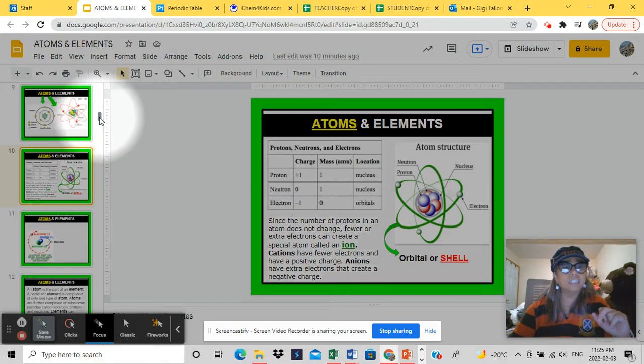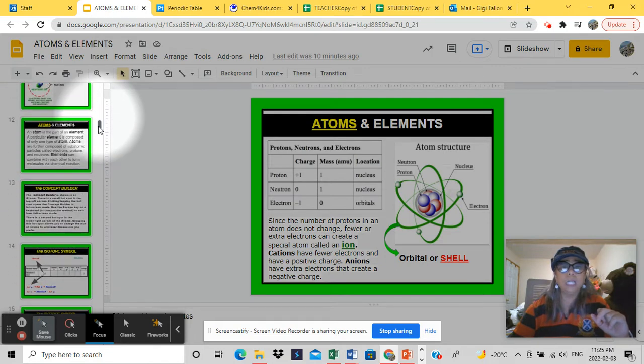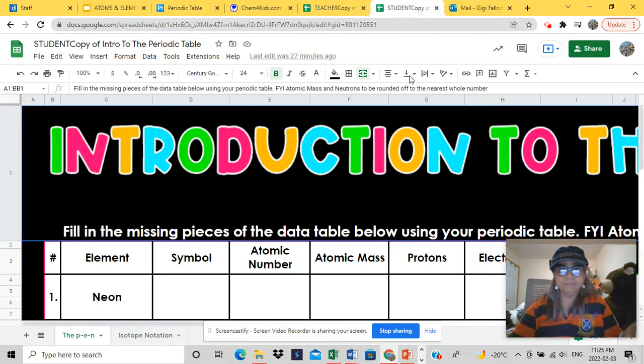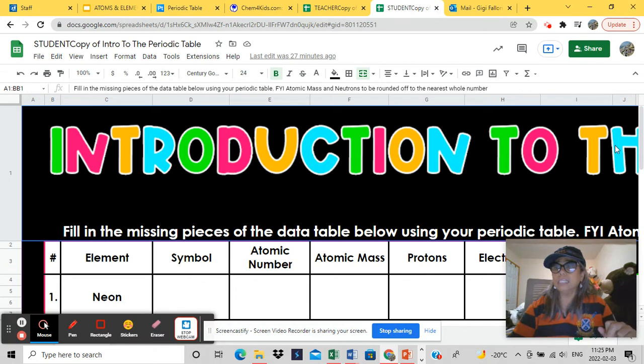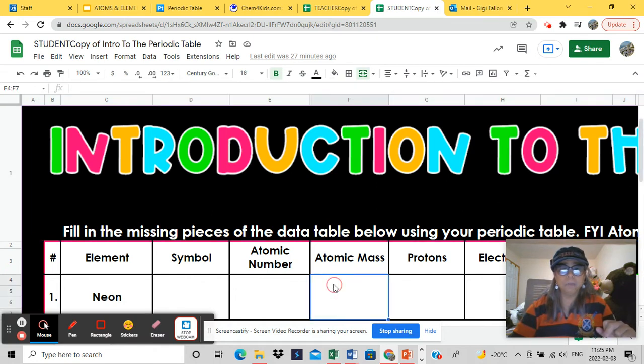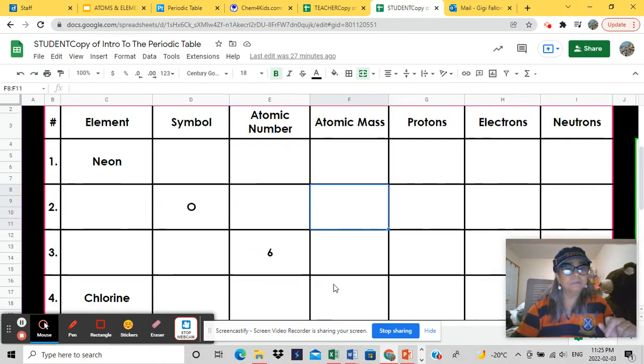But of course, our concern would be how do you deal with the Google assignment, right? You have something like this. You're asked to fill out the table, complete the table, right?